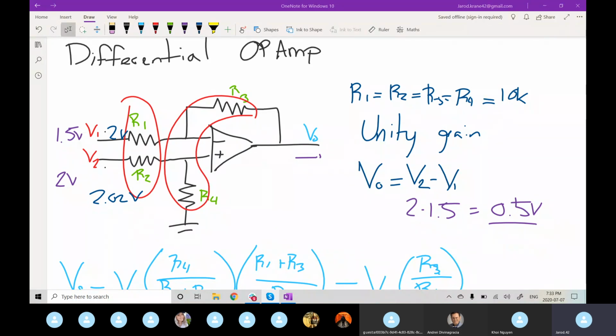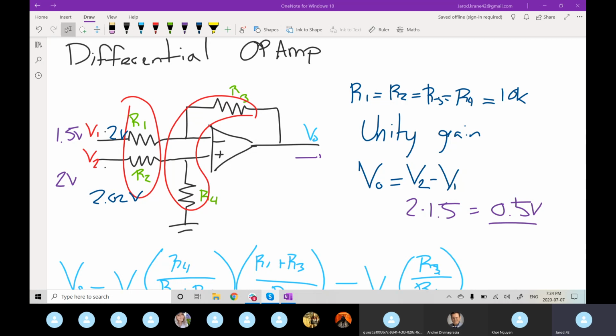You just pass your current through a very low resistance resistor, and you'll get very small voltage drops, which will relate to the current passing through.